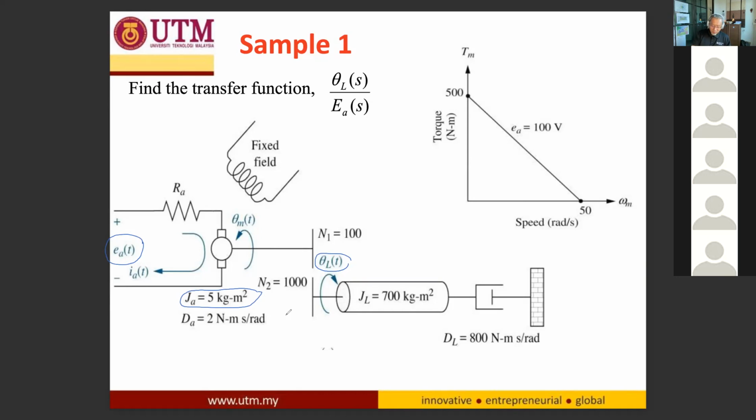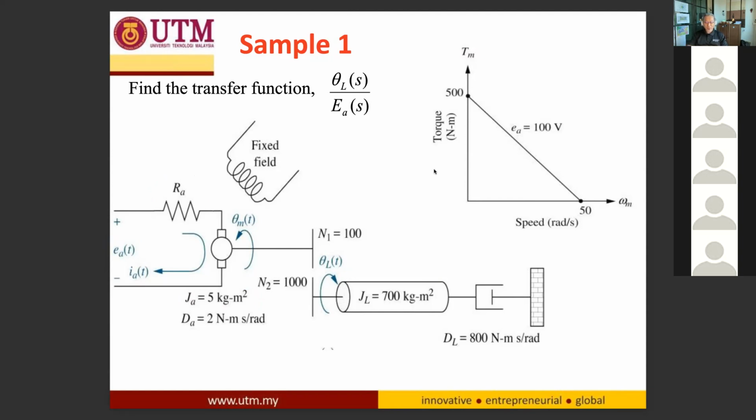What is the value of the armature resistance? RA is not given. Okay. Semua ada kat situ.